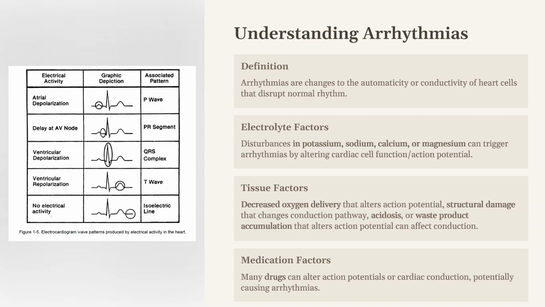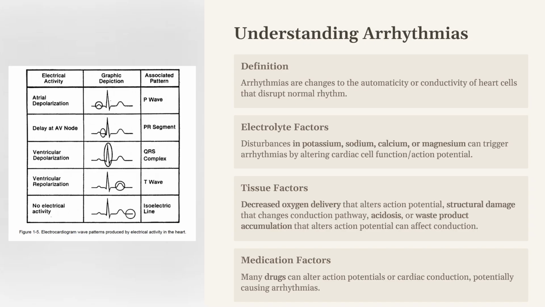The end. Okay. So if our rhythm is abnormal, that is what an arrhythmia is. There's some abnormal rhythm. It can affect contractions, stroke volume, and cardiac output. Things that can contribute to arrhythmias are electrolyte imbalances, specifically those things that I said: potassium, sodium, calcium, magnesium. It can be due to an alteration in perfusion.